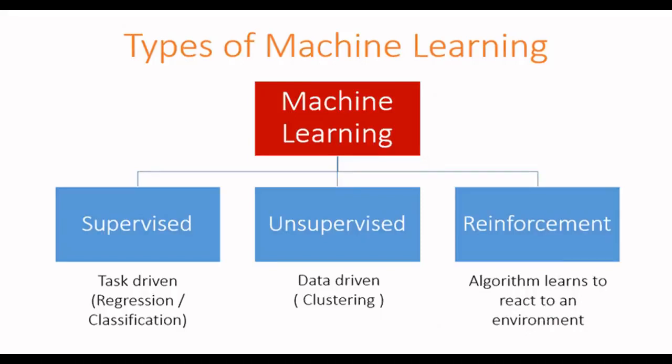And the third one, the most recent, where we are making a lot of algorithms, is known as reinforcement learning. In reinforcement learning, the algorithm learns to react to an environment. It is learning like a child.